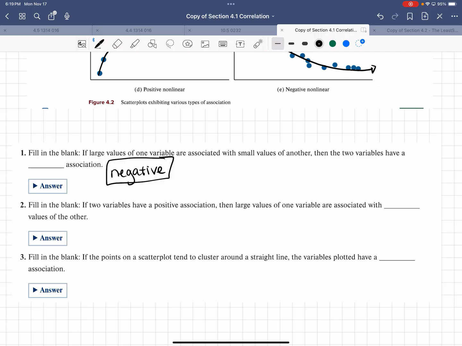If two variables have a positive association, then large values of one variable are associated with large values of the other. For it to be positive, we need a large. 3, if the points on the scatter plot tend to cluster around a straight line, that's your key right there, straight line, the variables plotted have a linear association.